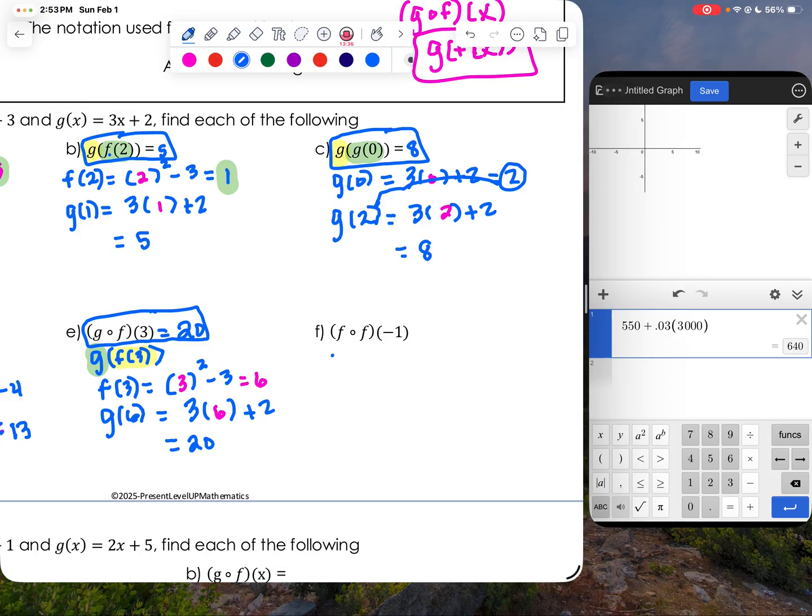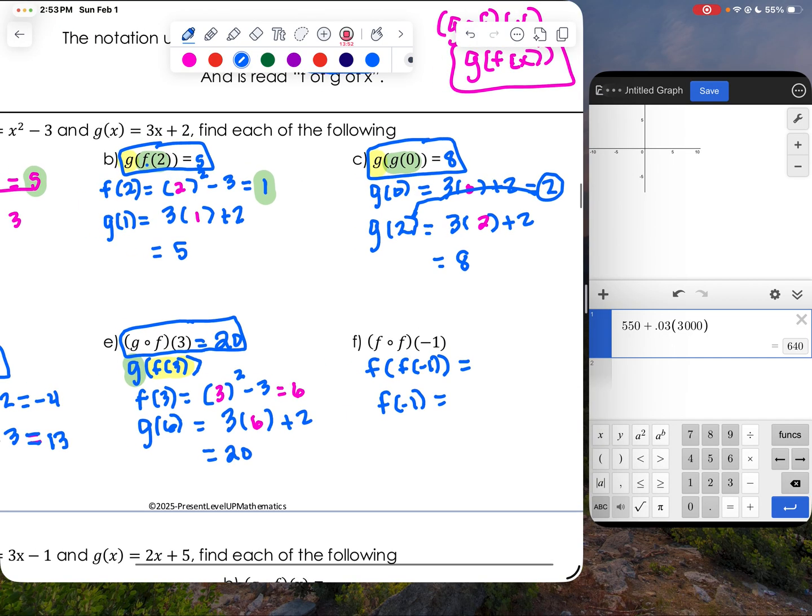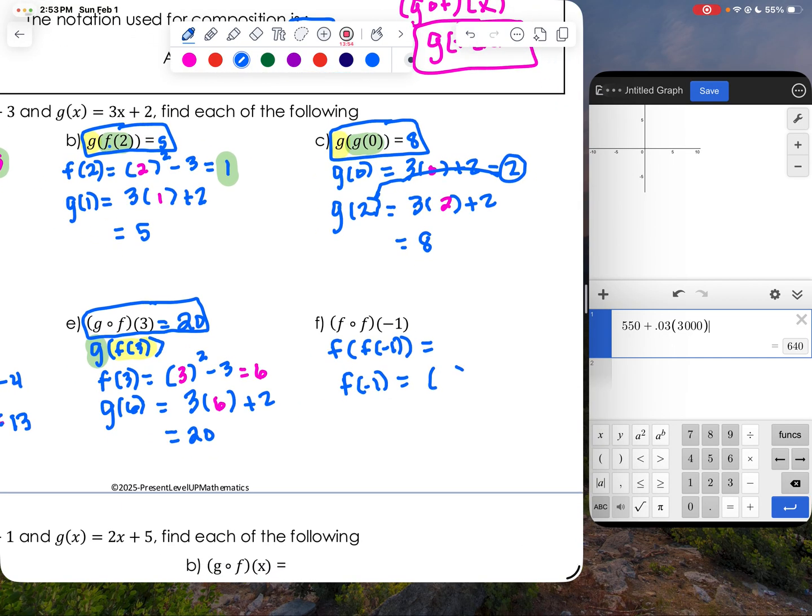All right, welcome back. The first thing I did is I rewrote this as f of negative 1. And then I calculated f of negative 1 to be, let's see, that function was parentheses squared minus 3. I plugged in a negative 1, and I got negative 1 squared is 1. 1 minus 3 is negative 2.